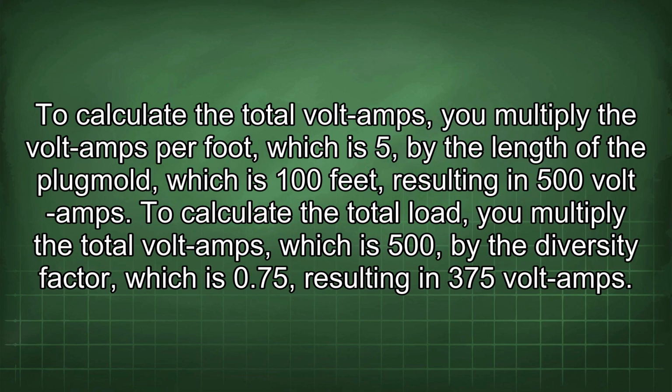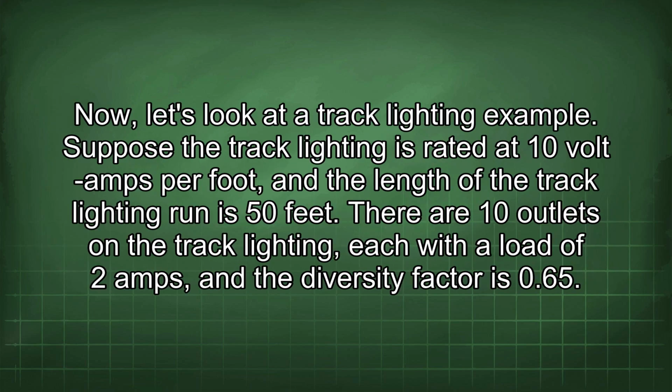To calculate the total volt-amps, you multiply the volt-amps per foot, which is 5, by the length of the Plugmold, which is 100 feet, resulting in 500 volt-amps. To calculate the total load, you multiply the total volt-amps, which is 500, by the diversity factor, which is 0.75, resulting in 375 volt-amps.